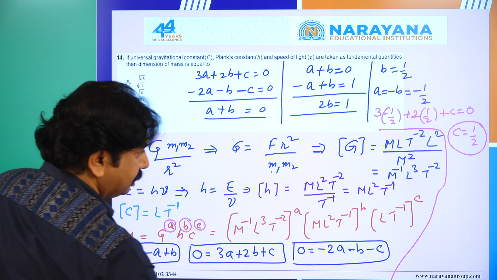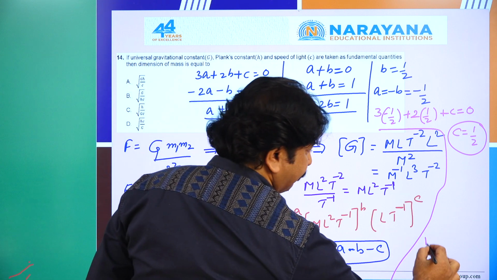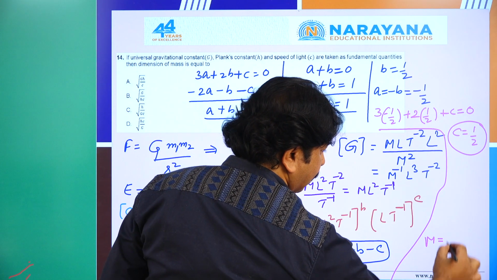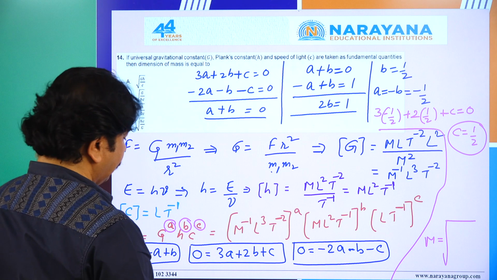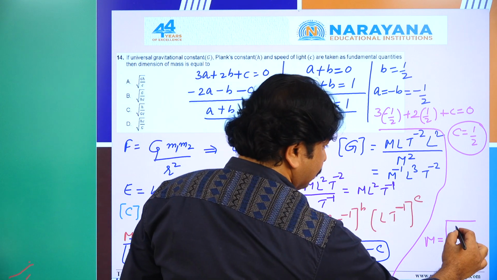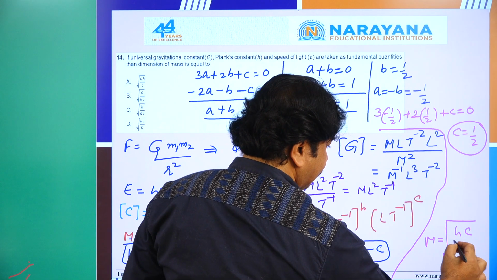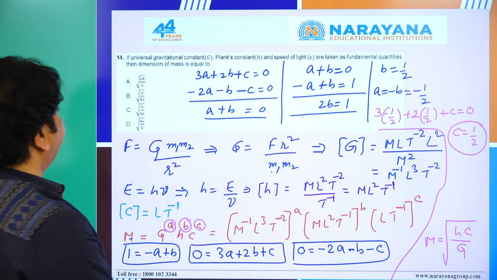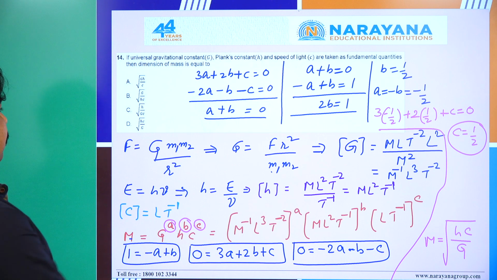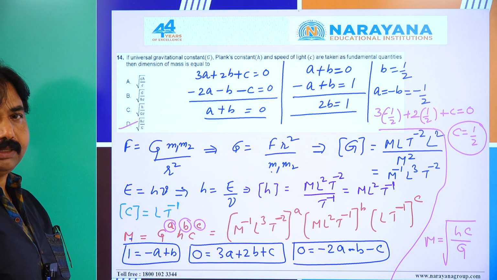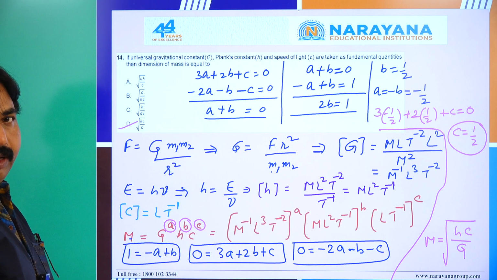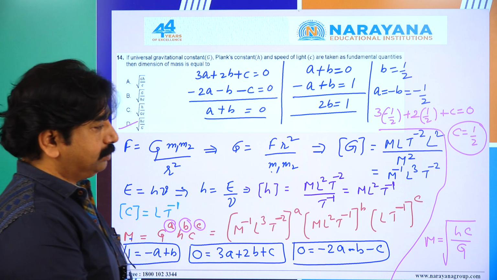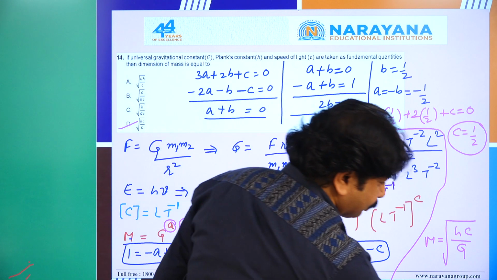The final answer is m is equal to under root of hc by G. Since h and c are positives, the fourth option is the correct answer. This is the approach of the question. Now we are going to the next question.